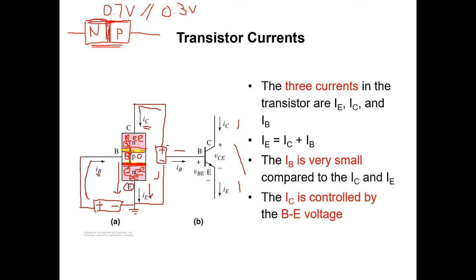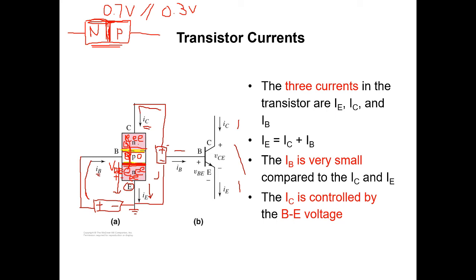So you see here the electron goes from emitter to the base. That's why the current flows from the base to emitter. Here it has VBE, which means B is positive, E is negative.